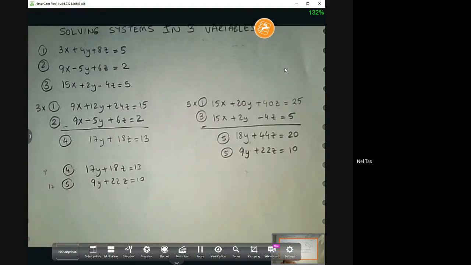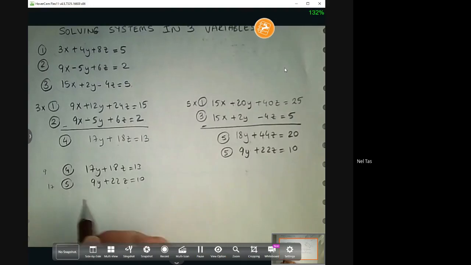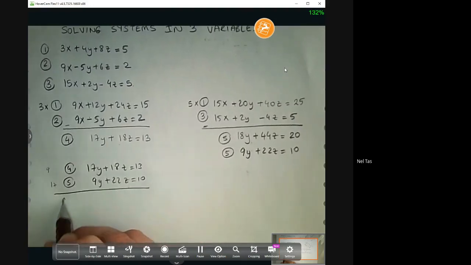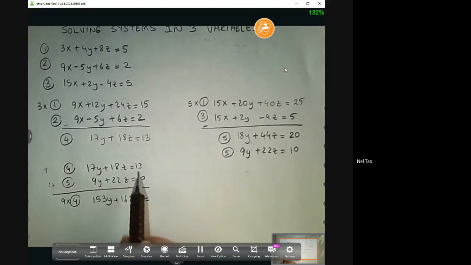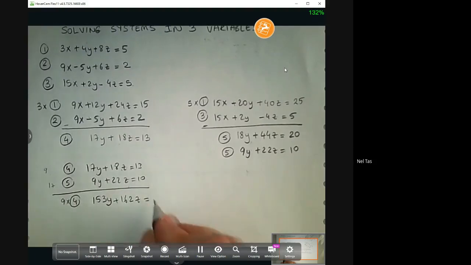So I will use calculator now. So 17 times 9, 153. So I'm doing 9 times equation number 4. So 153y. So 9 times 18, 162z. 13 times 9, 117.